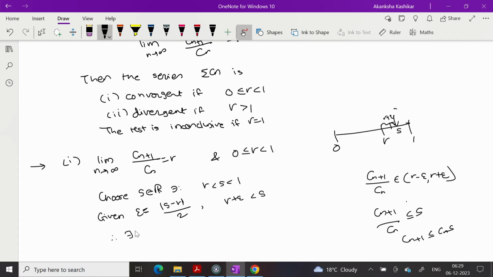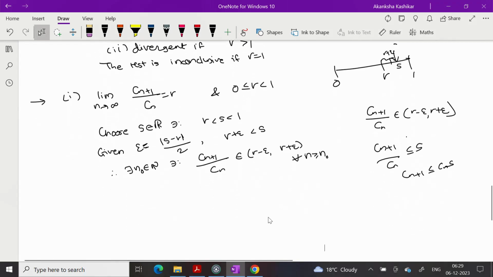Therefore, there exists n naught in N such that Cn plus 1 by Cn belongs to r minus epsilon to r plus epsilon, because it's a convergent sequence, for every n greater than or equal to n naught. For this choice of epsilon, I find n naught such that Cn plus 1 by Cn belongs to r minus epsilon to r plus epsilon.